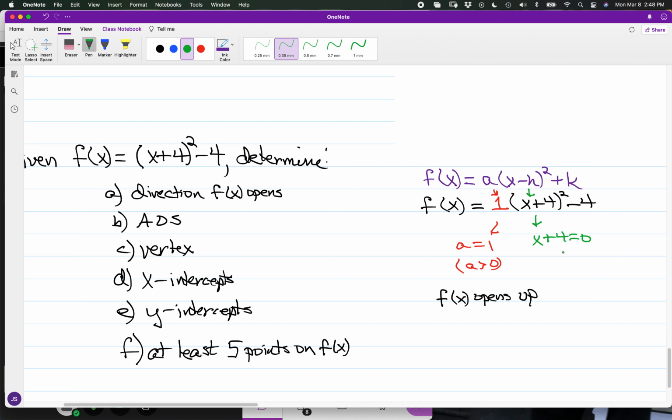You have x plus 4 is equal to 0, so x is equal to negative 4. So for the axis of symmetry, x is equal to negative 4.